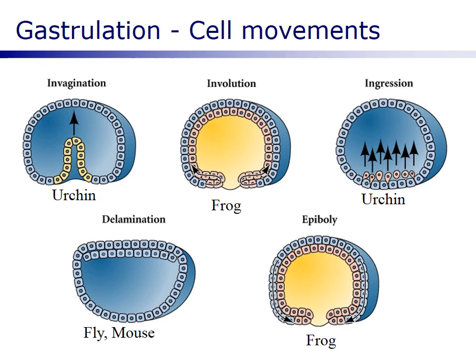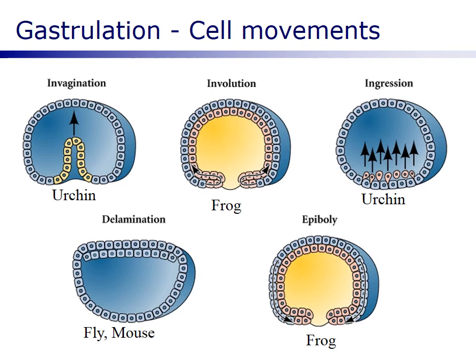Gastrulation is a complex series of cell movements that rearranges cells and gives them new neighbors. These rearrangements put cells in a new environment with the potential to receive new signals. Gastrulation results in the formation of the three germ layers that will form most of the subsequent embryo, such as ectoderm, endoderm, and mesoderm.